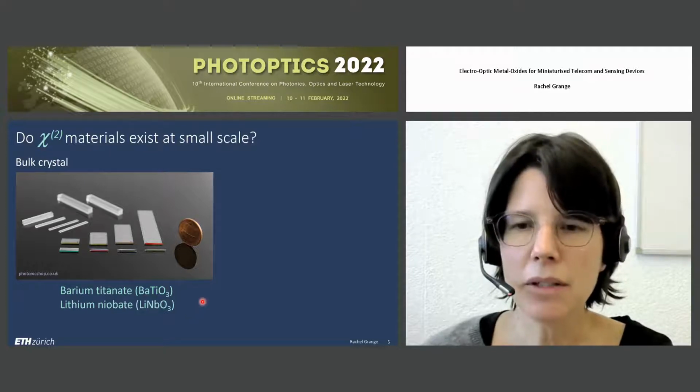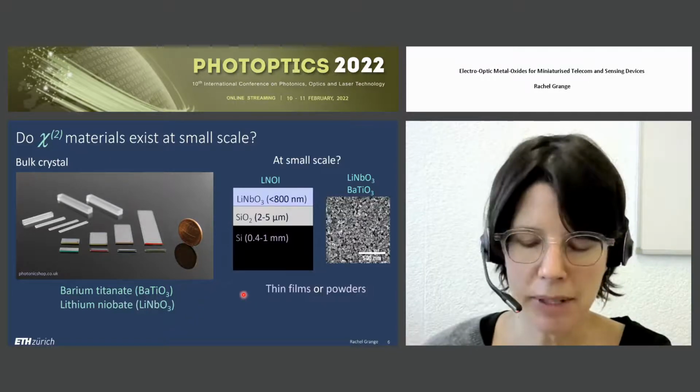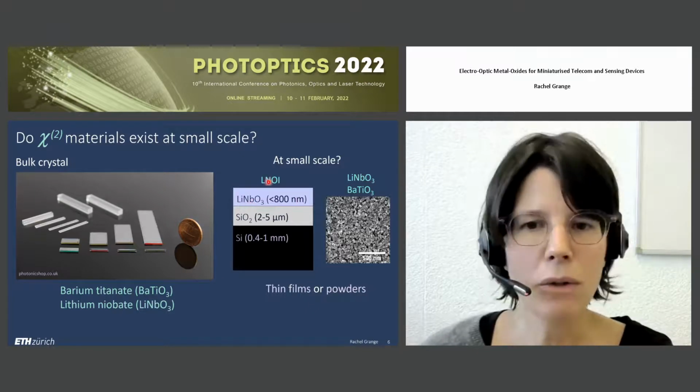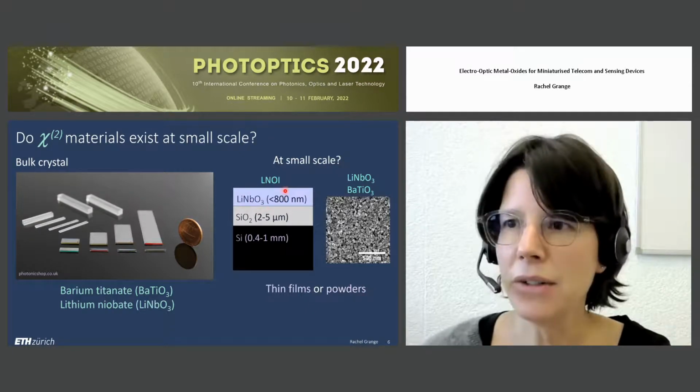Barium titanate, though, is known as powder. This material is produced by the kilo to make capacitors, actually.